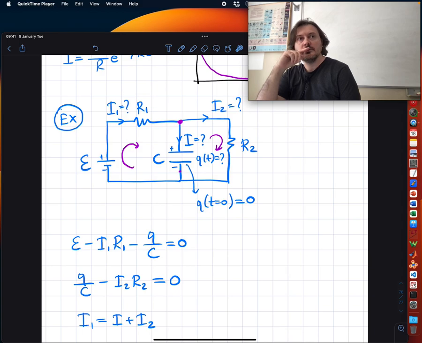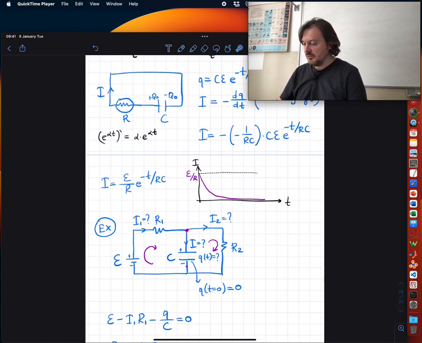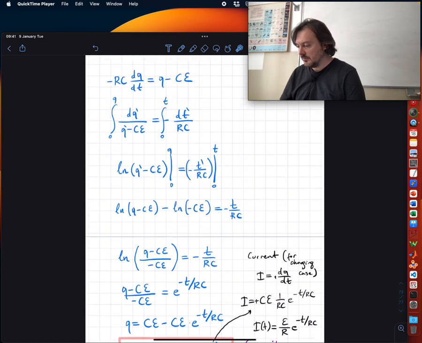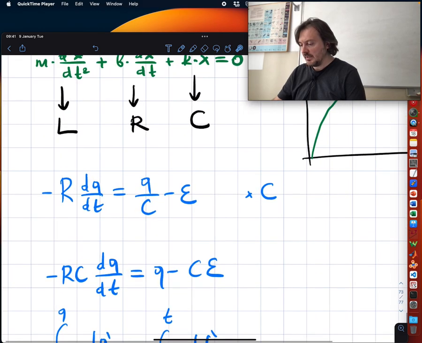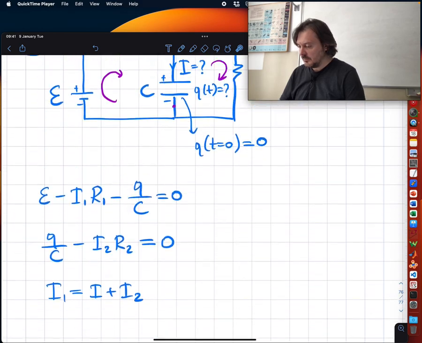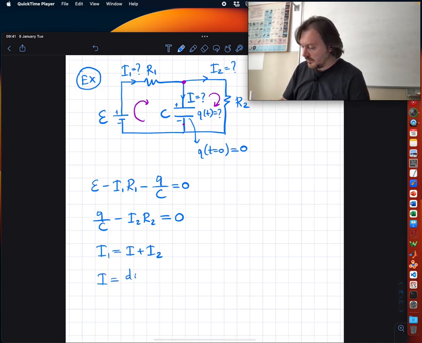We take derivatives, integrals. You remember why it turned into a differential equation before? We had this dq over dt term. Where is that term here? I, exactly. So I is dq over dt.